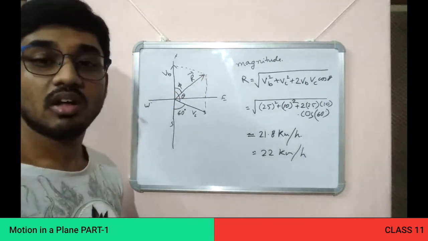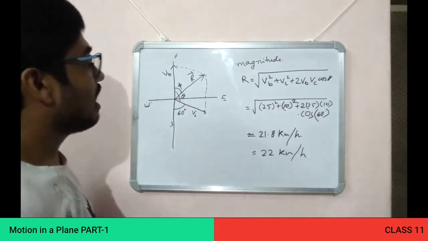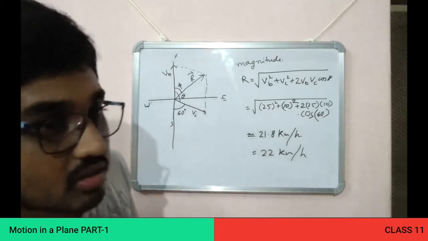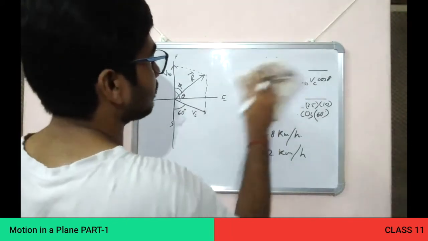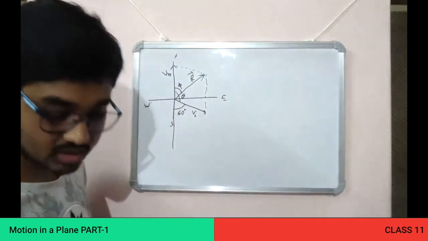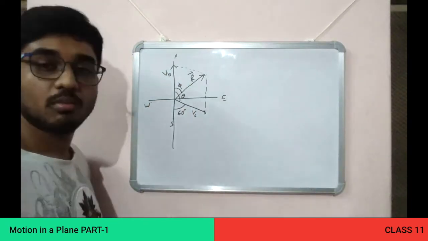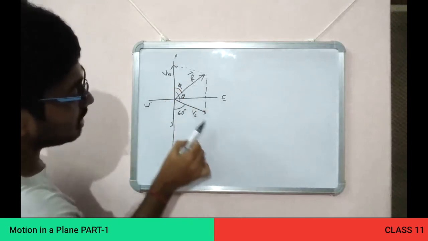And what is the angle phi between R and the north direction? The current of the water will change the direction of R. So it changes the direction of velocity of the boat, and it will change from this direction to this direction due to the current in this direction.